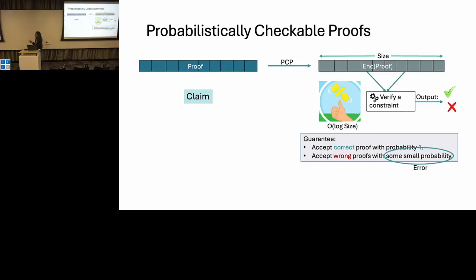And today we'll focus on the most stringent setting of PCPs where we want to build 2 query PCPs, where the verifier is only allowed to query 2 locations in this proof and each location contains a constant number of bits. This is because these types of PCPs have applications to hardness of approximation.